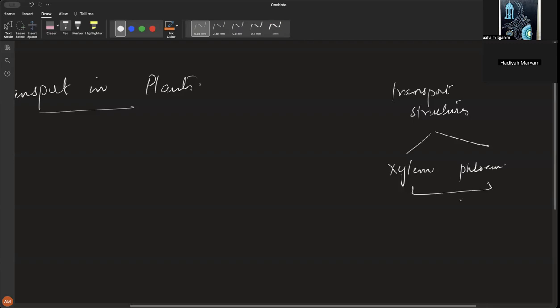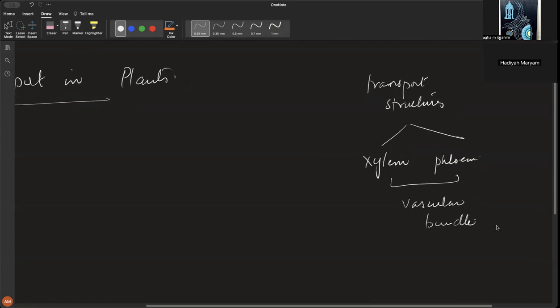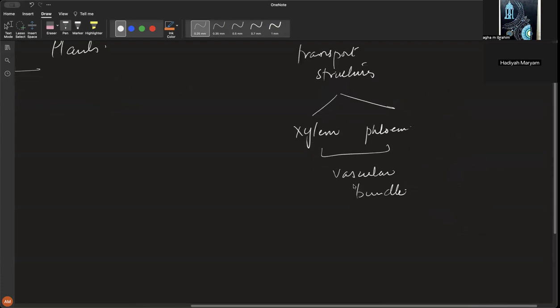All right. Together they are called vascular bundles, and we find that in the leaves and the stems.